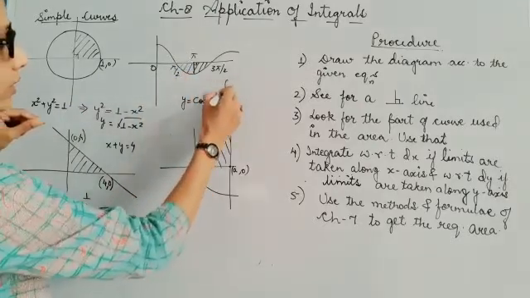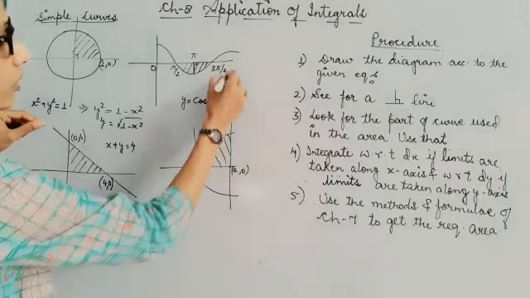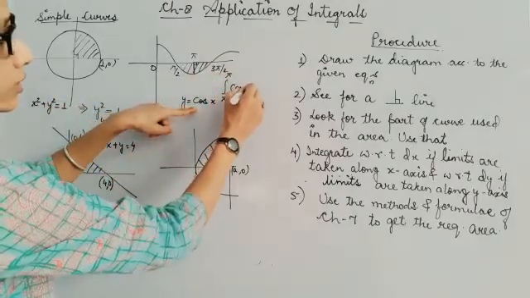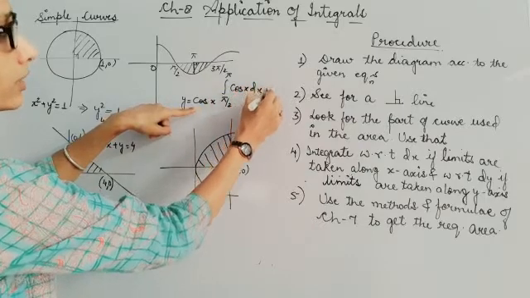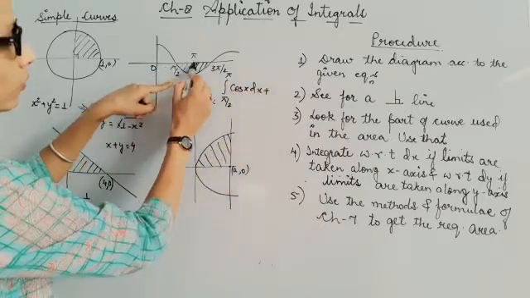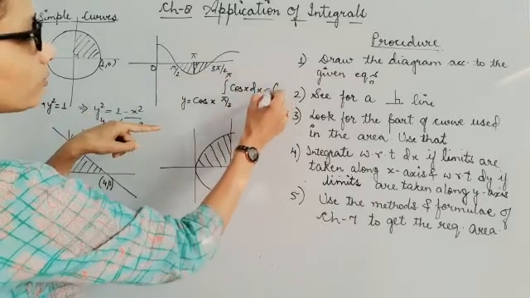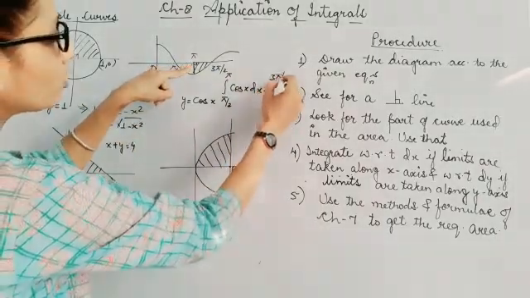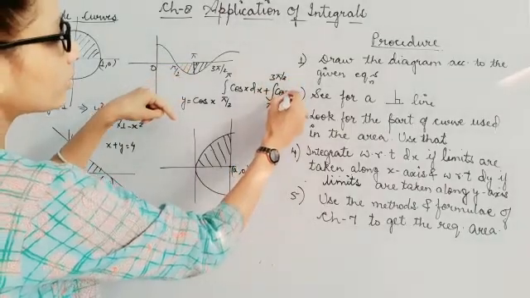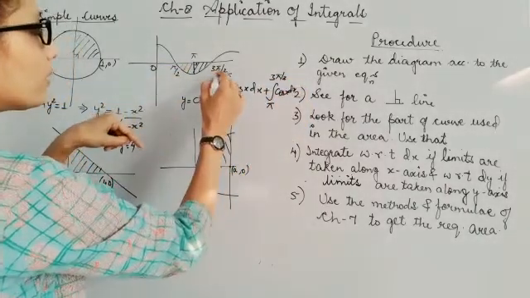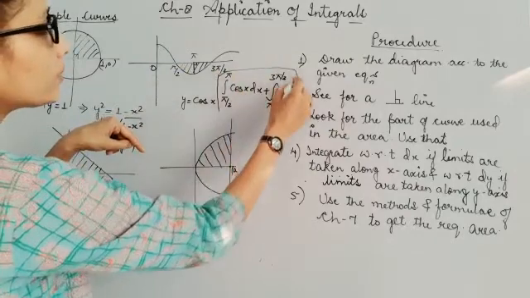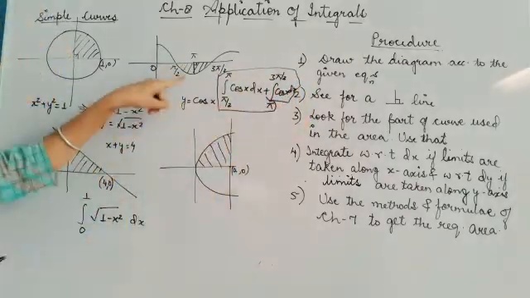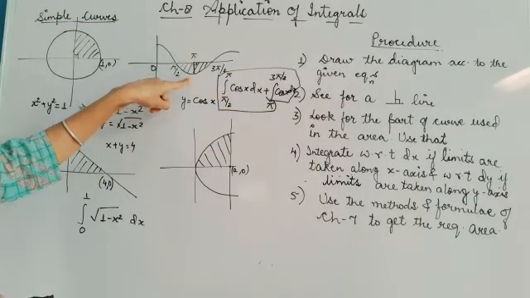You will write the integration here: integration from pi by 2 to pi of cos x dx, plus from here to here, that means integration from pi to 3 pi by 2, and then again cos x dx. So this will be my integral to find the area of this shaded region.